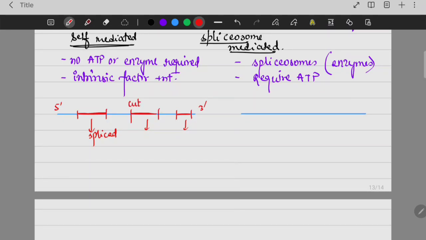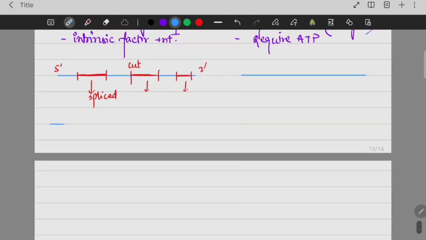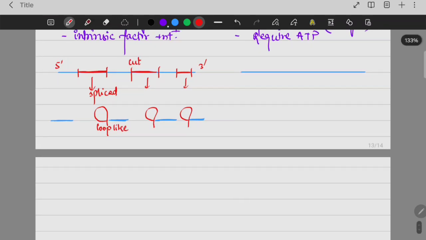They will be cut by different factors. Now this formation is taking place, and the spliced part is present in a loop-like manner. Finally, this loop is removed and the exons are attached by the help of ligases. So the final formation of the mRNA will be like this, 5' to 3', and the mRNA is finally formed.